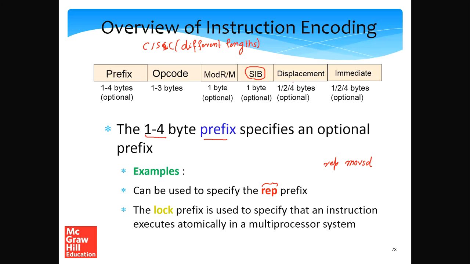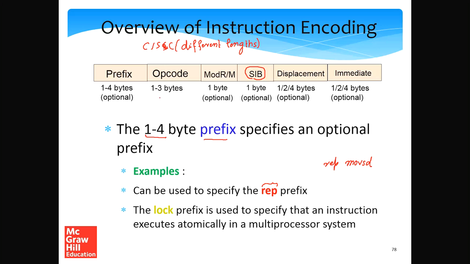Subsequently, to encode the offset, which is also called the displacement, in x86 we have 1 to 4 bytes, mainly because in this case we are considering 32 bits. In a 64-bit ISA, the displacement can even be larger. Additionally, we can also encode an immediate in an instruction like an add instruction. So displacement and immediate are separate fields.